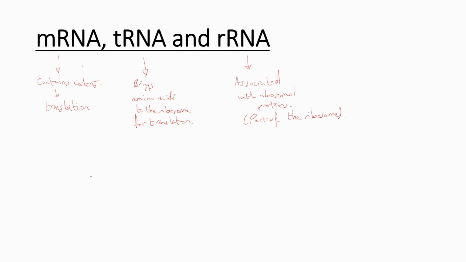Looking at the structures of these molecules, mRNA has a linear structure. tRNA has what we call a clover leaf structure. So a clover leaf has generally 3 leaves, and this clover leaf structure in tRNA somewhat resembles the clover plant.